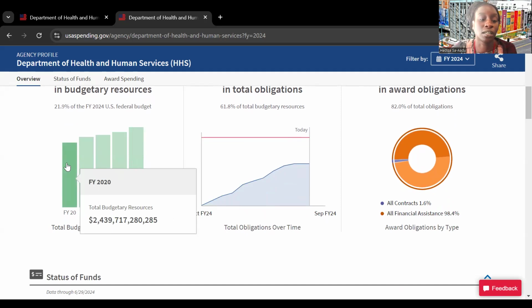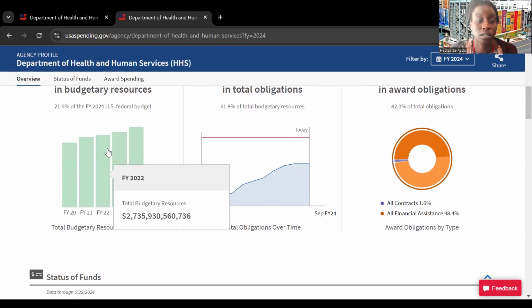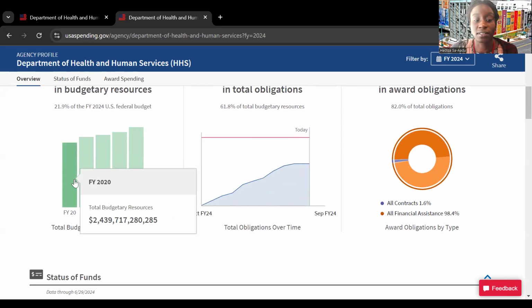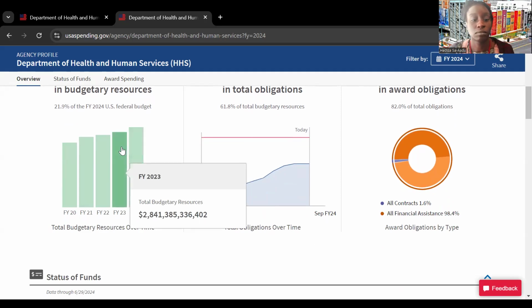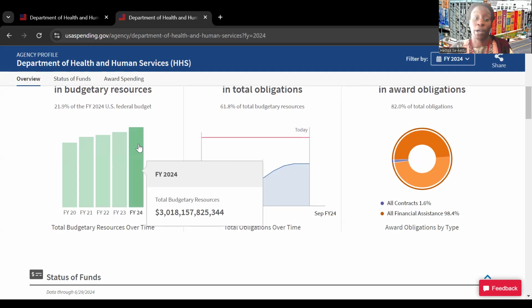We see that the change in the total amount allocated has grown, as we had already mentioned. But let's just look at the actual numbers here. In fiscal year 20, the number was almost 2.5 trillion, and now it's at 3 trillion. So it's been steadily going up, finally breaking 3 trillion this year.